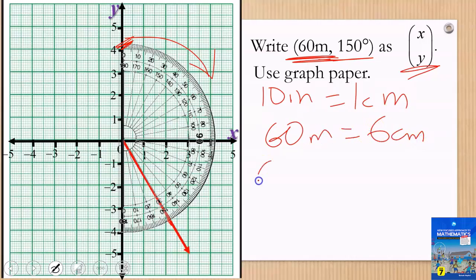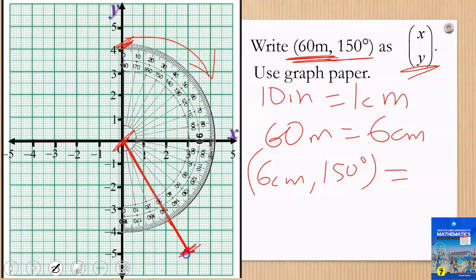So we are now going to convert 6 centimeters, 150 degrees to the component form, and let's see what will happen. With your ruler, you measure from the origin up to 6 centimeters. You have to do that with your measurement. Your value may not be the same as mine, because mine is not drawn to scale, but you can do yours to scale.